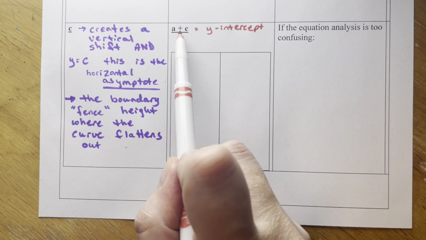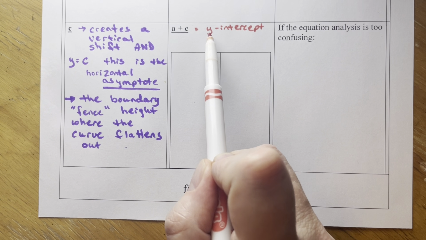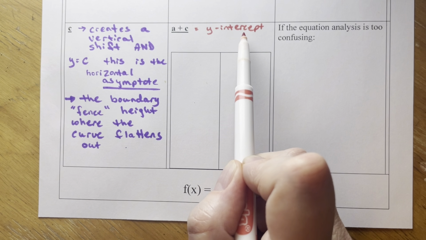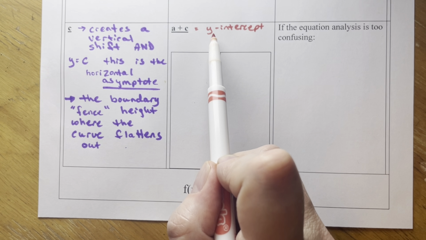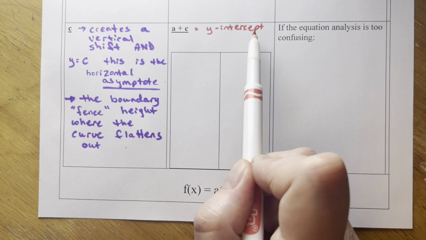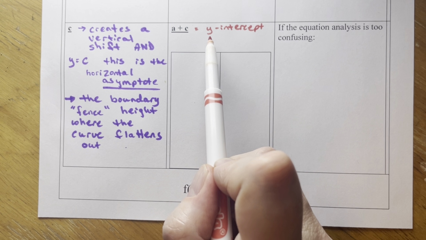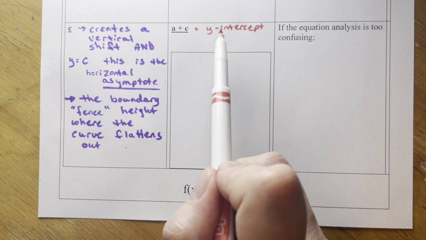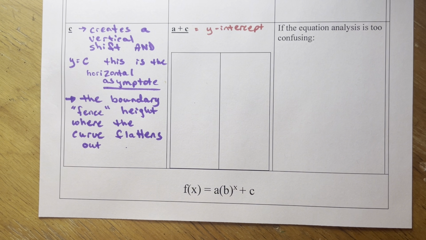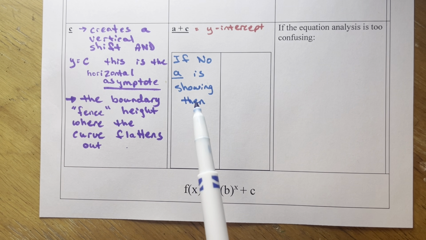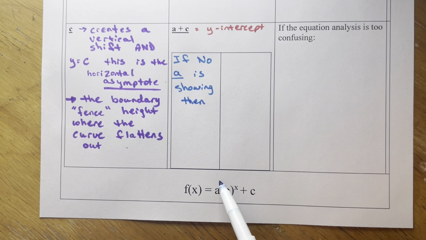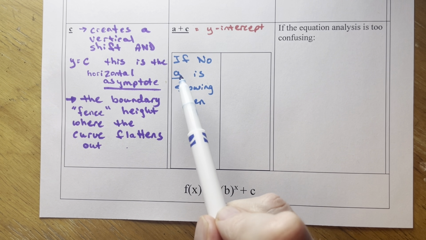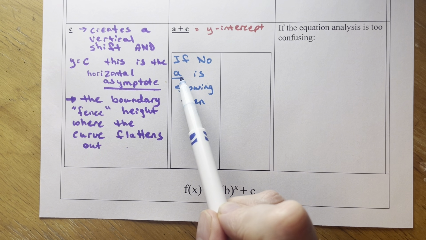Let's talk about a plus c. As with almost every function that you come across, there is some y-intercept that will occur. And in our exponential functions, that will happen. Our y-intercept occurs at a plus c. Now you might say, hey, in my equation, I don't have a number in the a position.